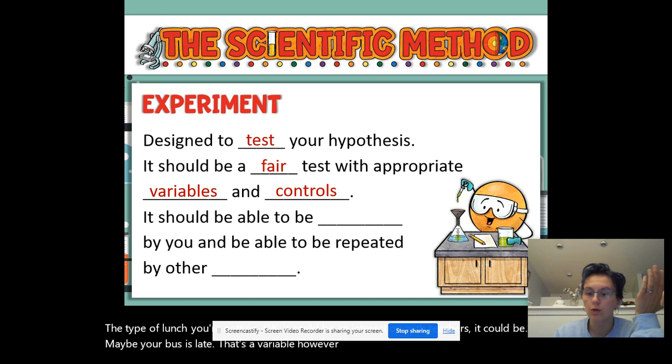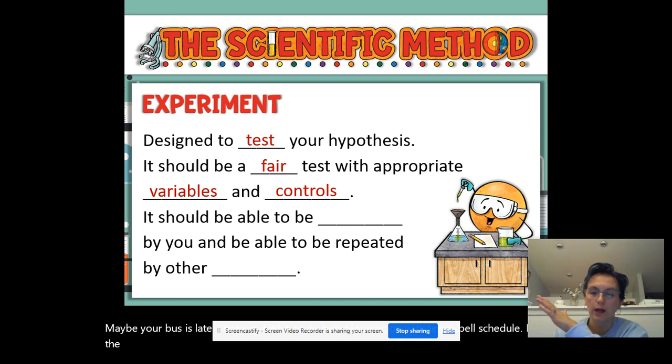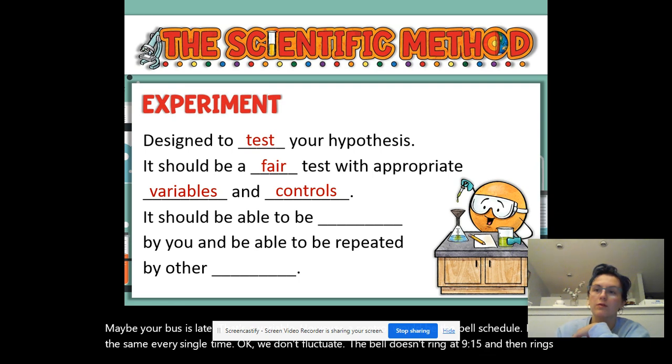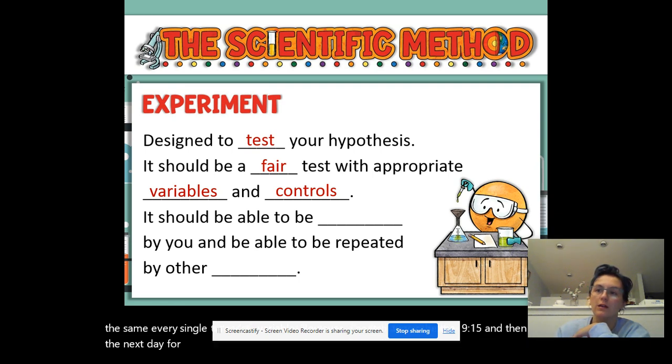However, a control would be the bell schedule. It stays the same every single time. Okay, we don't fluctuate. The bell doesn't ring at 9:15 and then rings the next day for school to begin at 9:26 or 7:30. Okay, it's going to stay the same. These are our tried and true. We know this is going to happen.